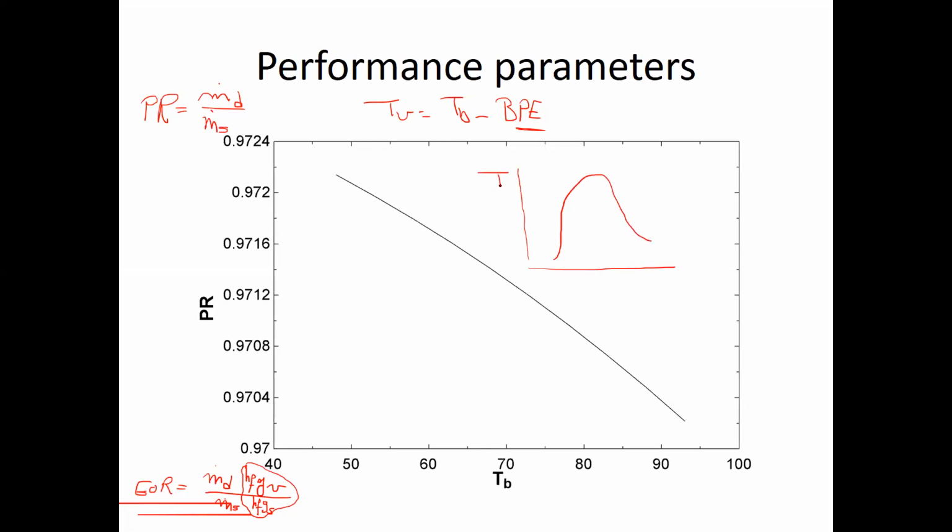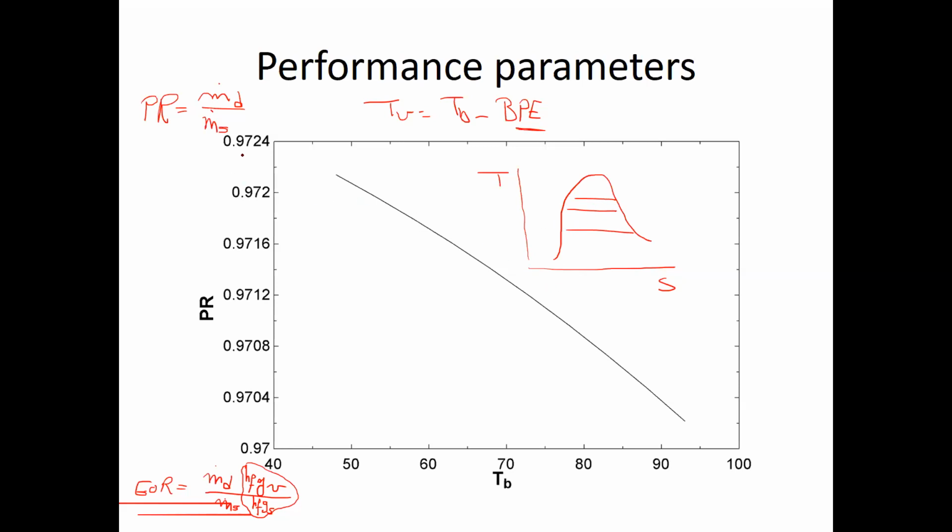If I'm looking at a TS diagram for vapor, what happens to the value of HFG with temperature? As the temperature increases, what happens to the value of HFG? Decreases. This is why there's a decrease here.